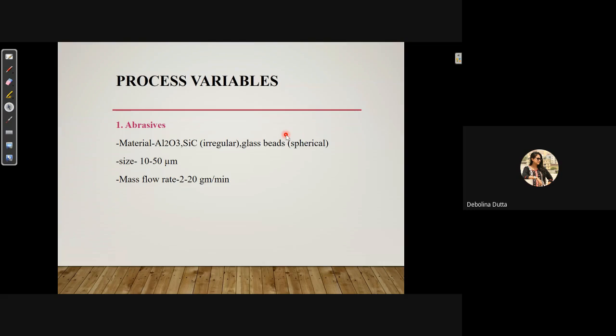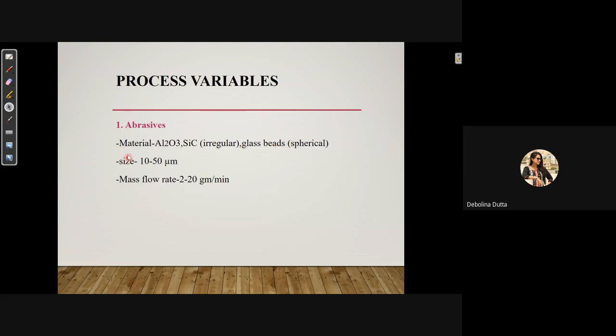That's why aluminum oxide and silicon carbide abrasives have irregular shape, but glass beads are regular, mainly spherical.